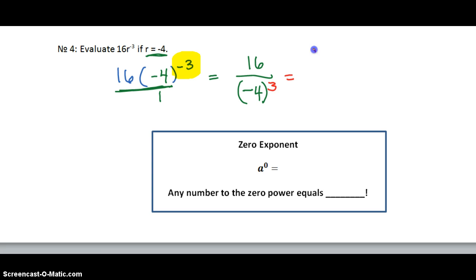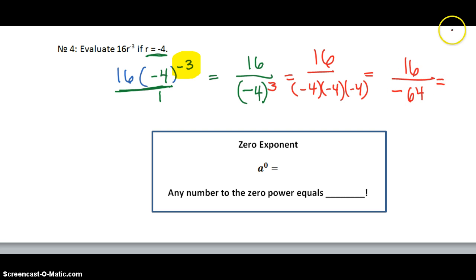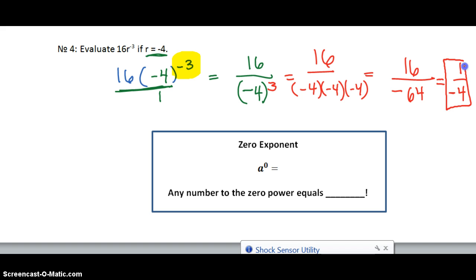So be careful. 16 over negative 4 times negative 4 times negative 4. You can punch that in your calculator. And since it's an odd exponent, it's going to stay negative. So 16 over negative 64, 16 goes into 64 4 times, and it stays negative. So our answer is negative 1/4.